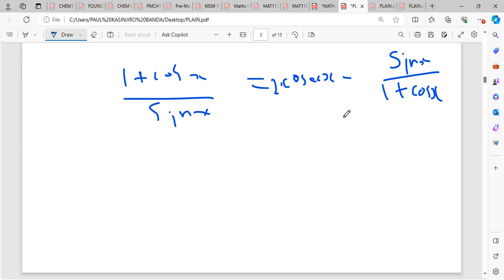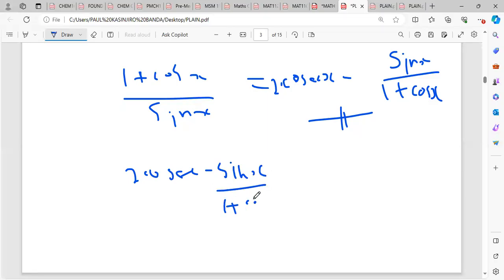We said this one here looks more complicated, so it's the one that we're going to prove. We're going to say that 2 cosec x minus sine x over 1 plus cos x is equal to the left hand side.